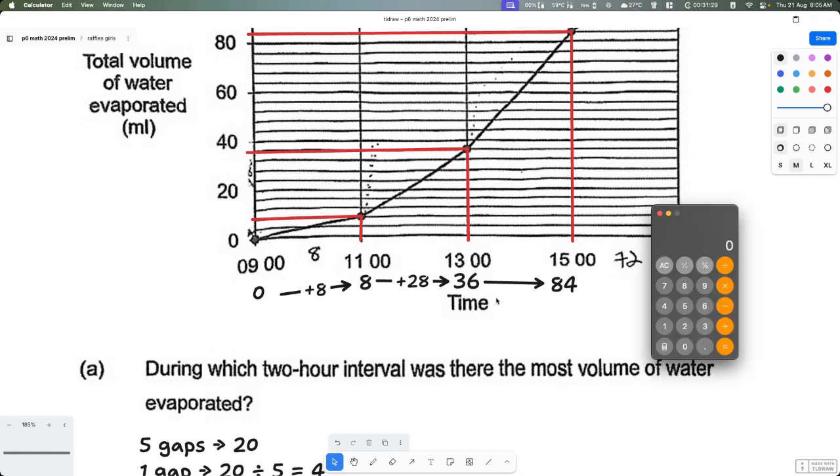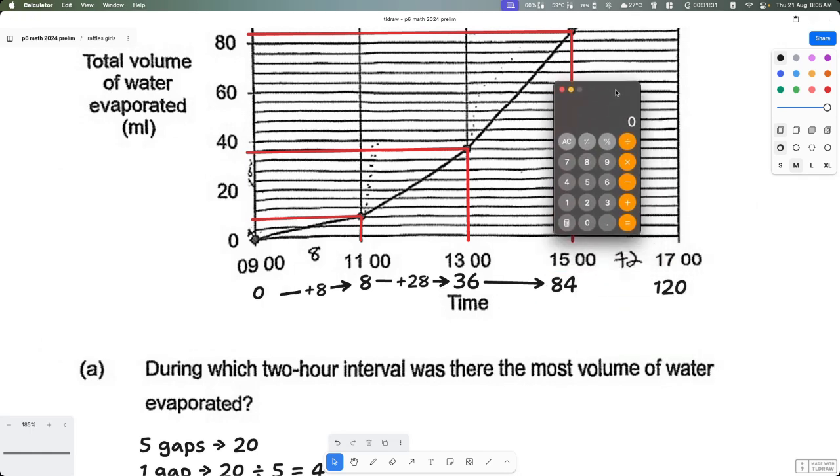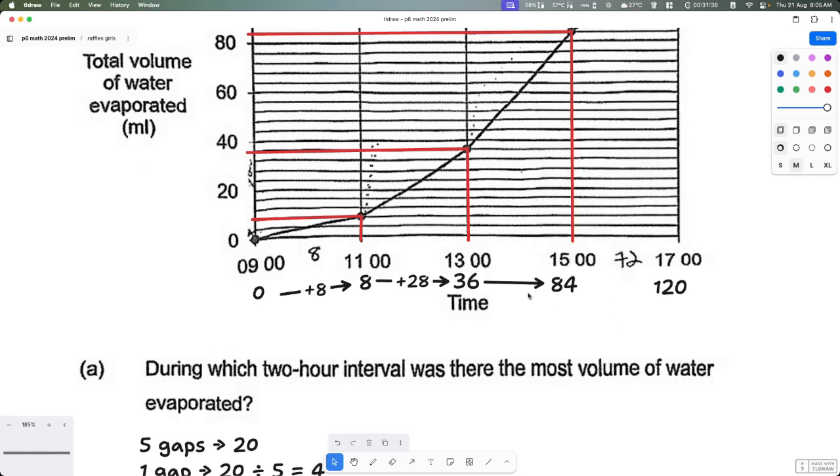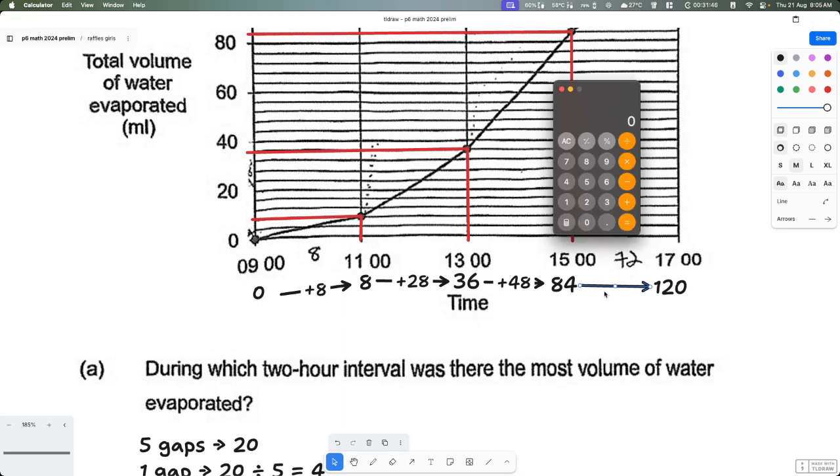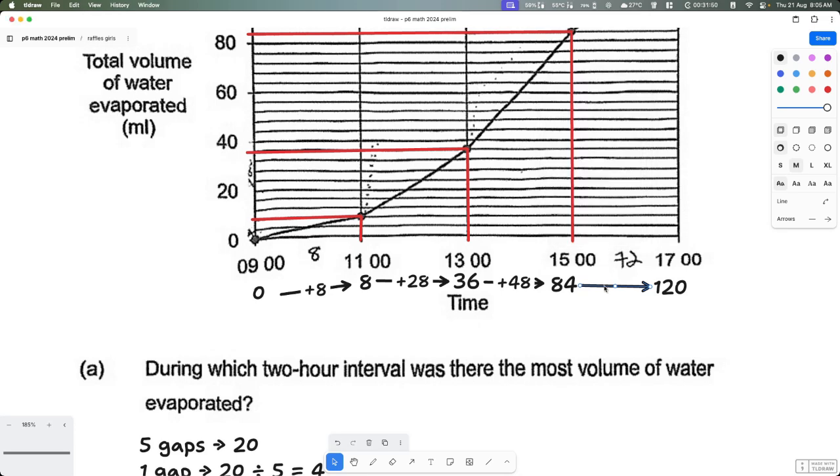So let's use our calculator. 84 minus 36 is 48, so plus 48. And then after that, 84 to 120. Let's use our calculator again. 120 minus 84 gives you plus 36.